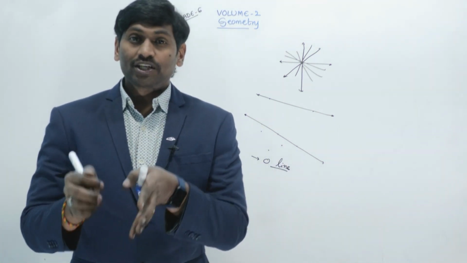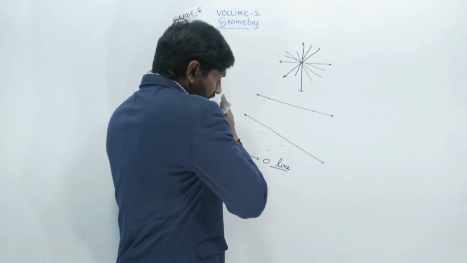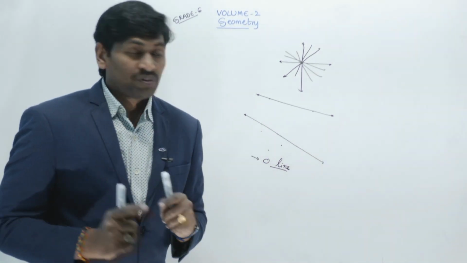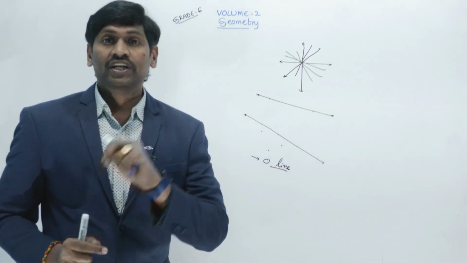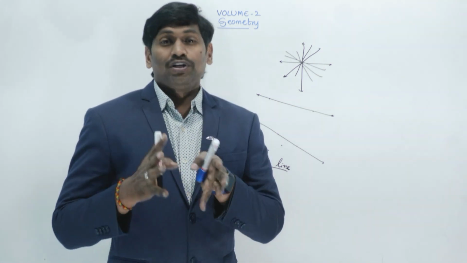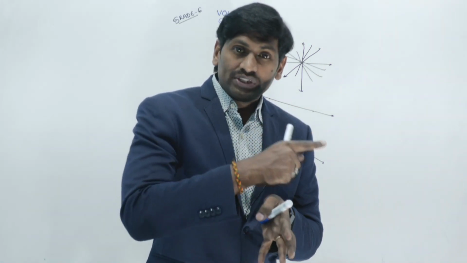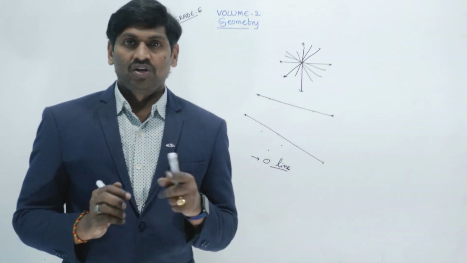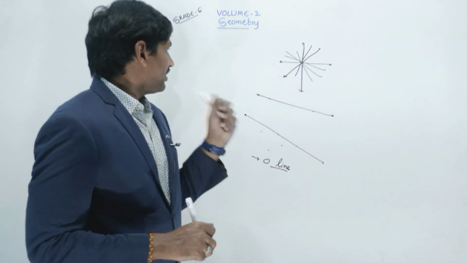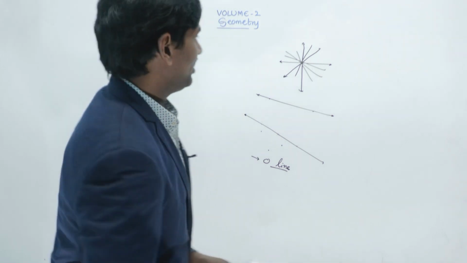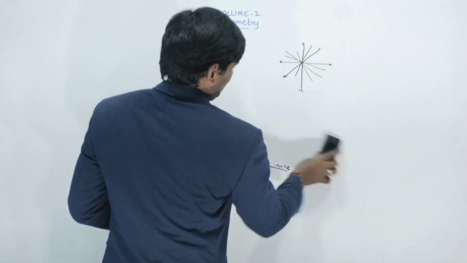If the 3 points are collinear, we can draw only one straight line. If these 3 points are non-collinear, we are not able to construct a line through these 3 points. Let us go to the concept based questions.